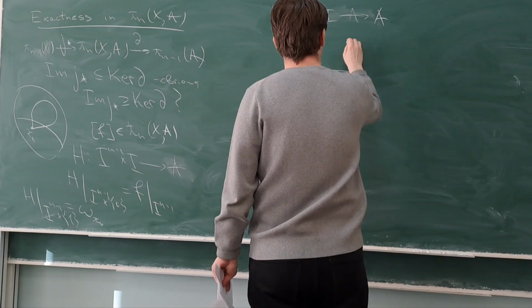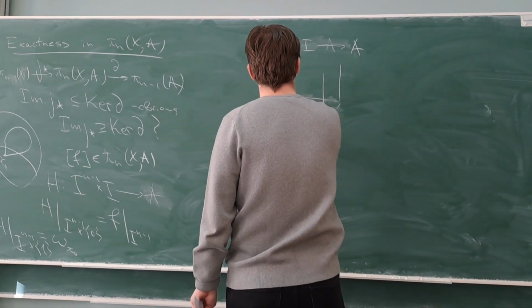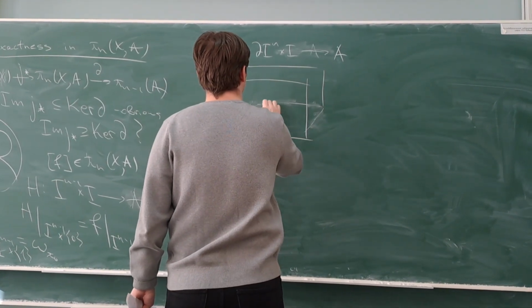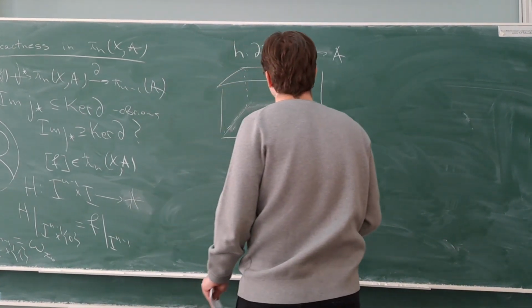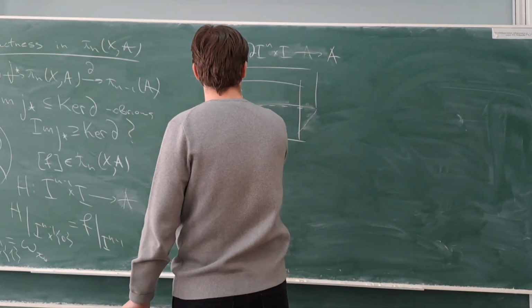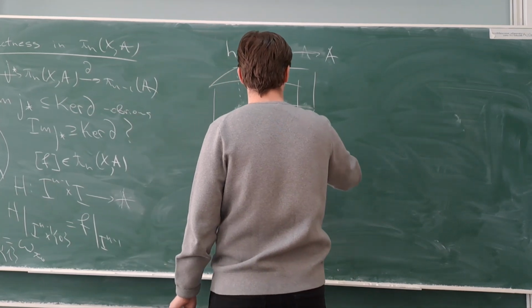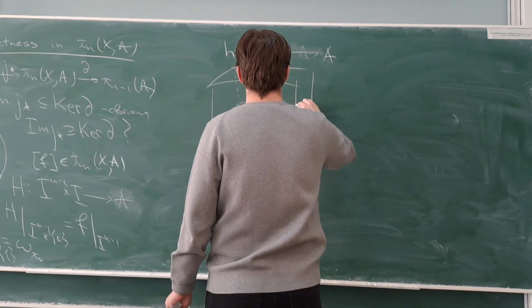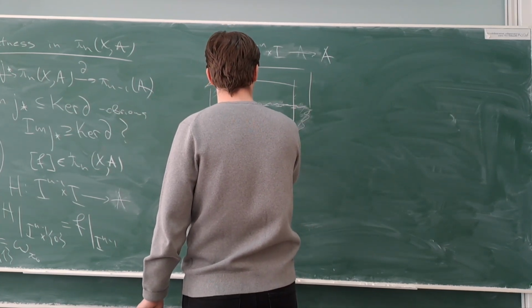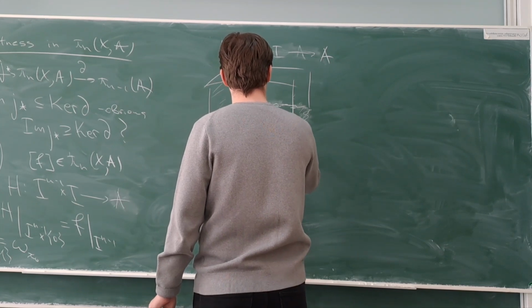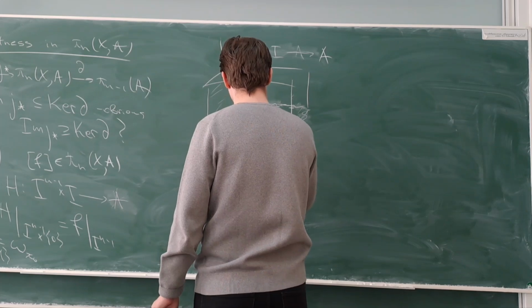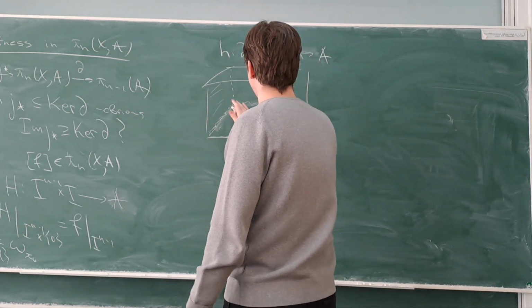Let me do it again. It should be a homotopy of the boundary of the cube. So I need to define it on this part and on this part. Here I want to put the restriction of f on the boundary. Then here there will be a restriction of f on this part.